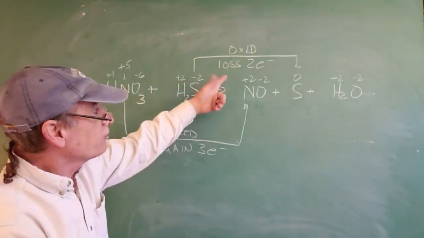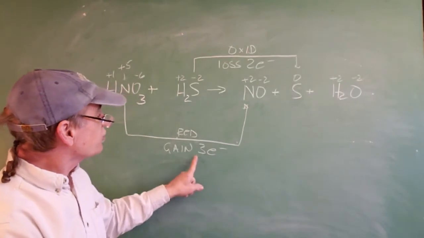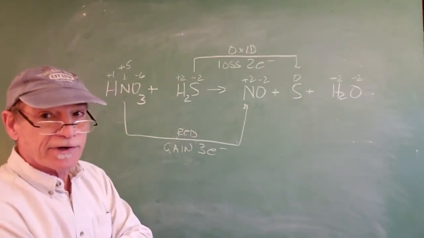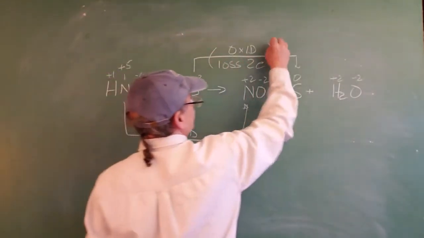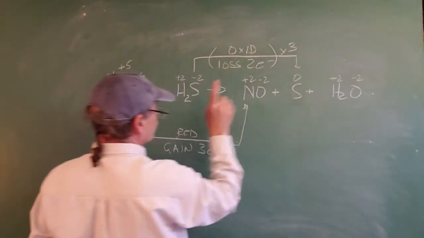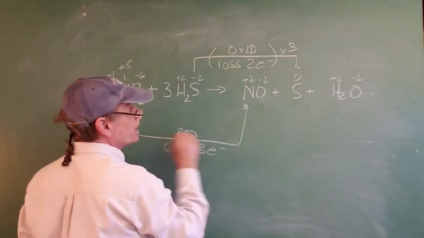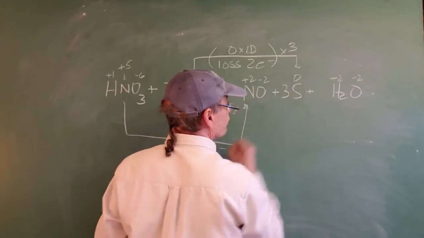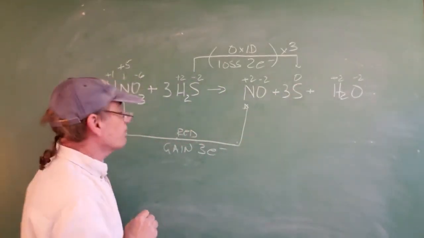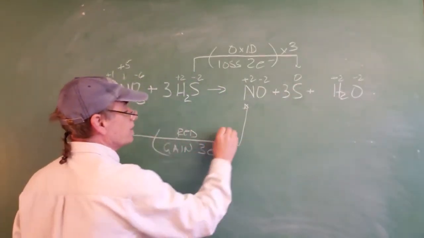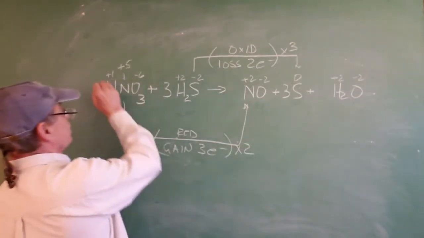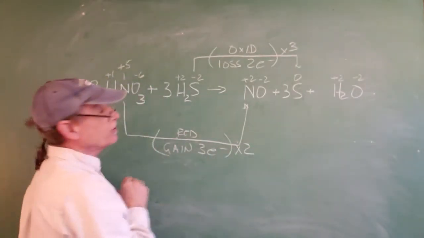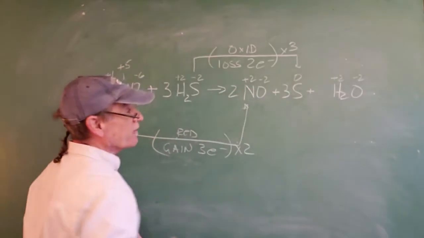And the way to resolve this is to triple the oxidation half reaction and double the reduction half reaction. All right, so I'll take this times 3, which means I have to put a 3 in front of the H2S and a 3 in front of the sulfur. So I tripled my oxidation half. The reduction I'm going to have to double. So that means 2 HNO3s are coming in the front door and 2 NOs are going out the back.